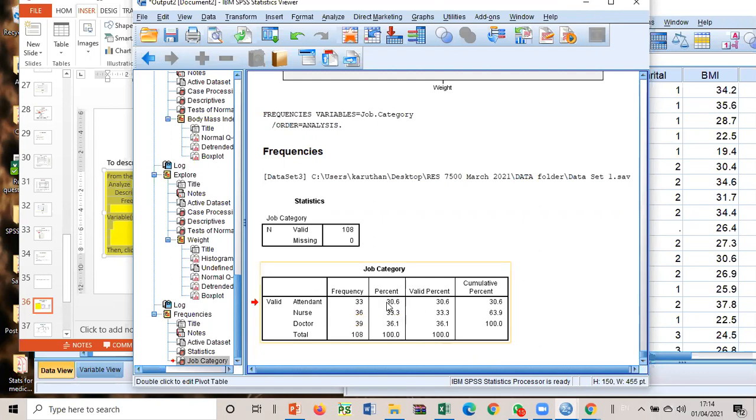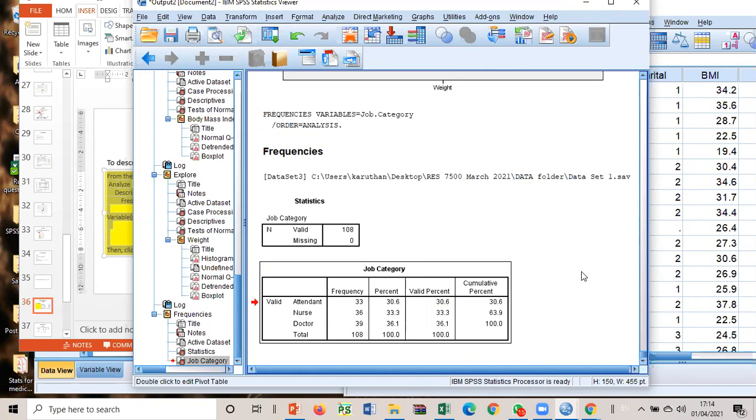How many percent? 30.6%, 33.3%, 36%. Now, there are two columns here, percent and valid percent. Are the values exactly the same? Yes. Why are they giving two columns with values exactly the same?